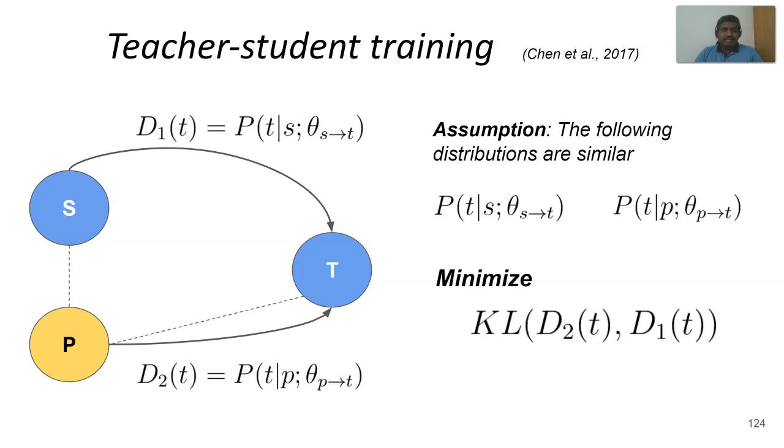Finally, we can do student-teacher training. The idea here is that we want to train a system between the source language and the target language, for which we don't have any parallel data, but we can train a pivot to target translation system using standard cross entropy losses, and then train a student, the source to target model, to follow the distribution of the parent model, which is the pivot to target model.